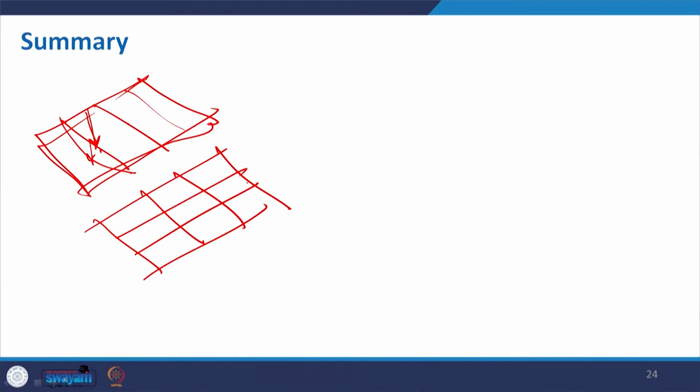So, coming to the end of this particular lecture, if we summarize, we start with a one dimensional slab where the parallel beams act in only one direction, but due to any point load, the deflection of this beam will be more compared to the others.